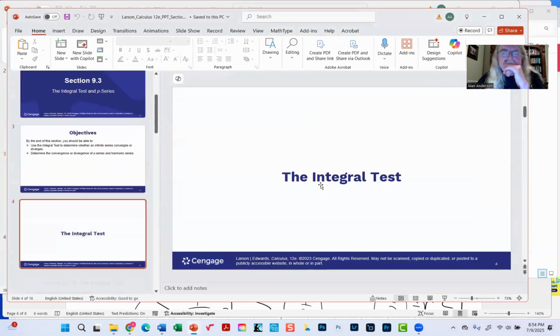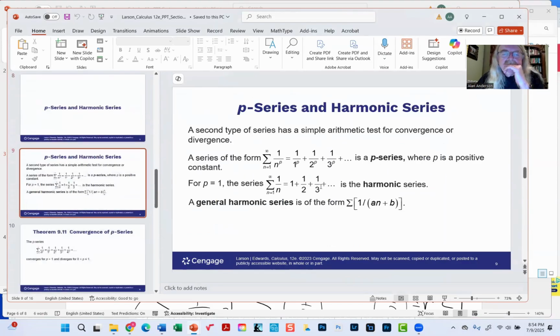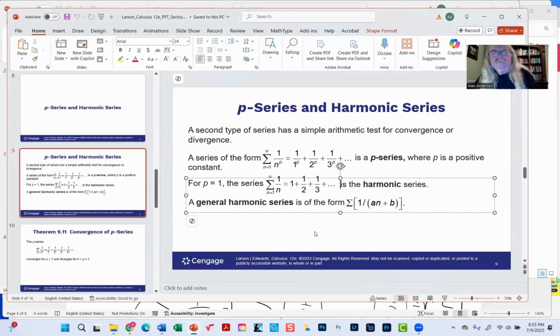All right, here we go. Here's our harmonic series, but there's a formula here where they're telling us that it can have this form 1 over an plus b. So here, in other words, this is a special case of a harmonic series.